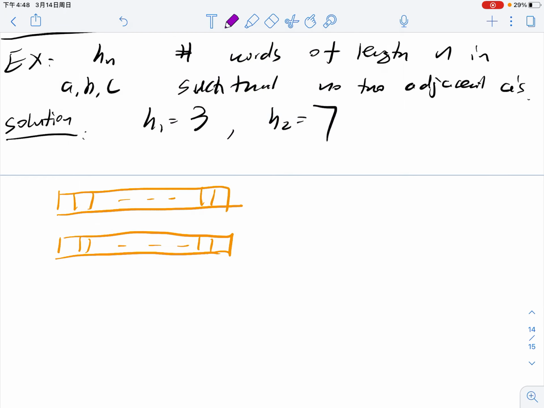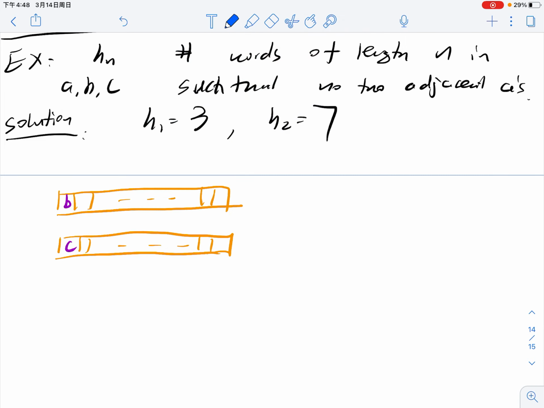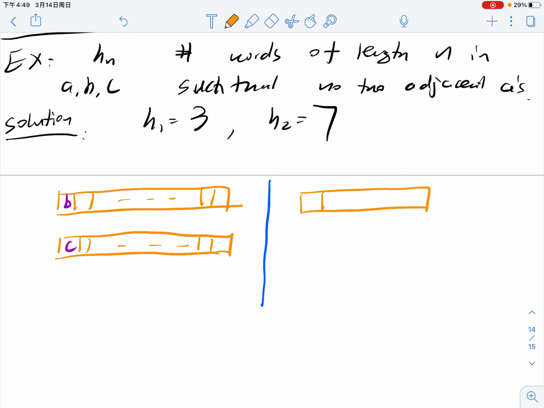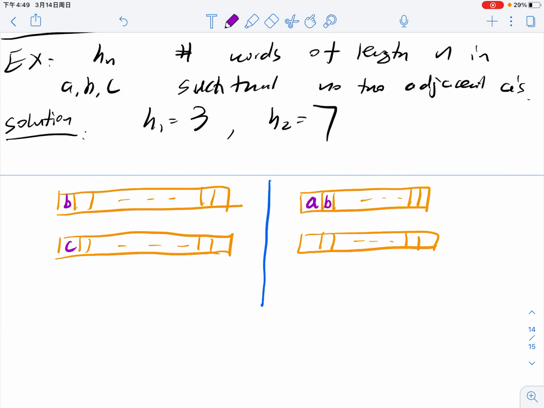You have 3 choices: A, B, or C. If the first one is A, then the next one will be B or C. And for the first one, you can just truncate starting from the second position.